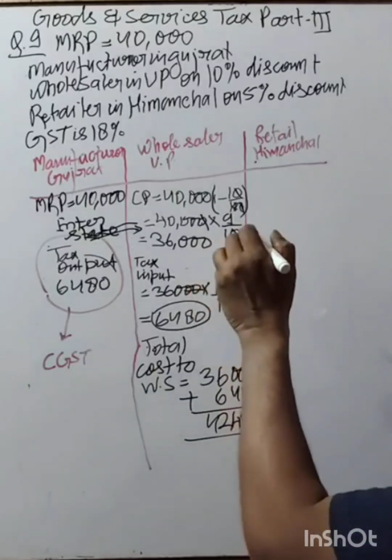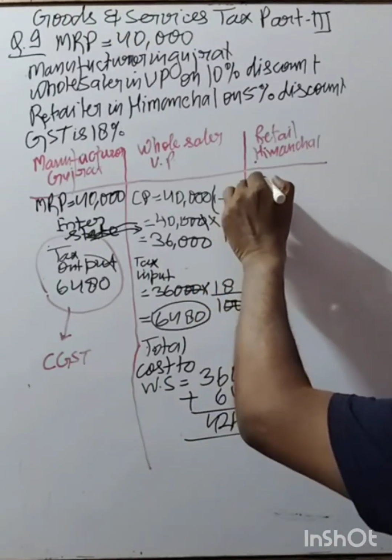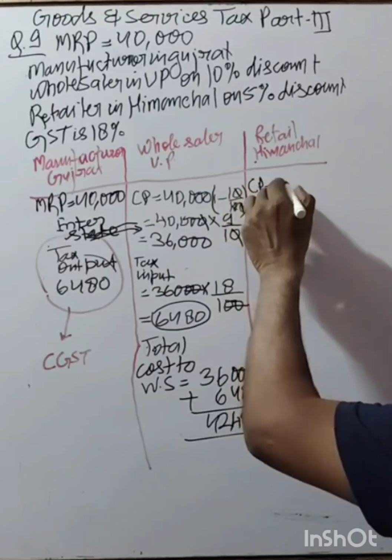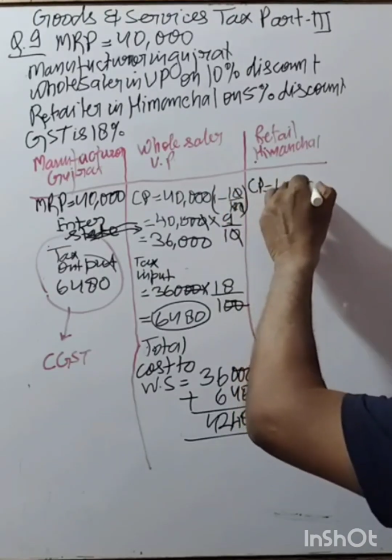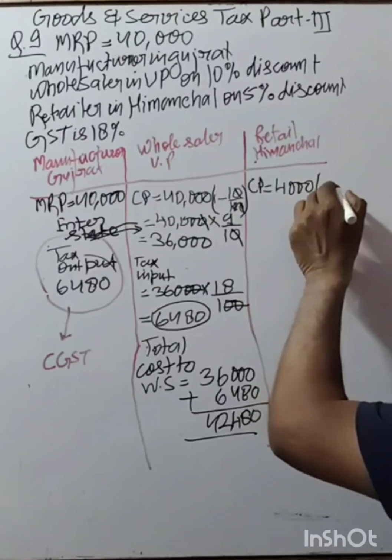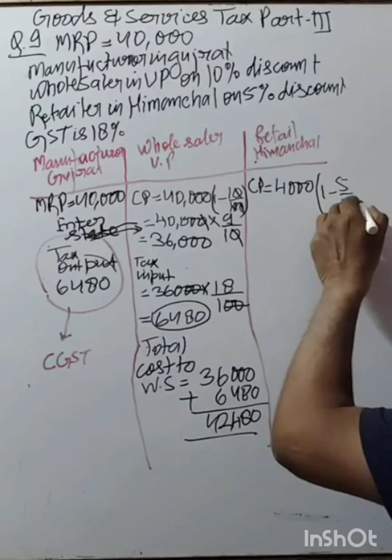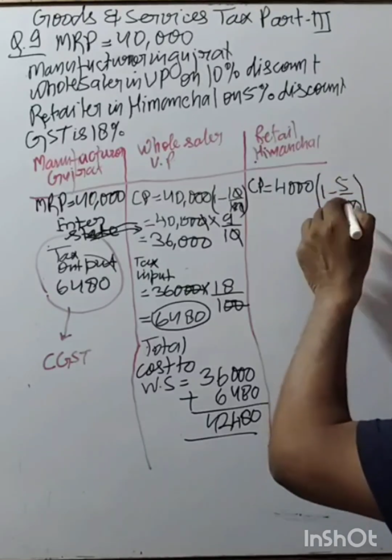Now, retailer, 5% discount. The cost price to retailer is equal to 40,000 bracket 1 minus 5 upon 100, right?